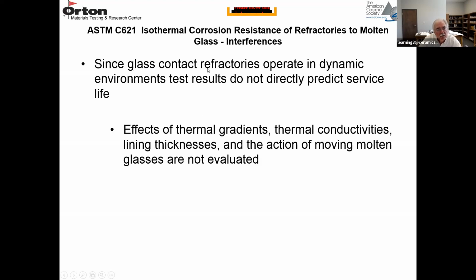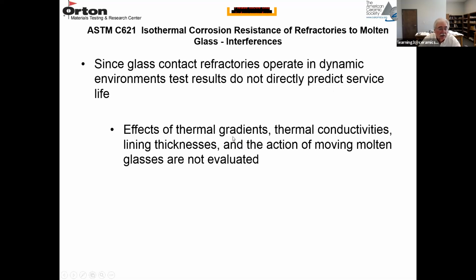So glass tank refractories, while they operate in a dynamic environment, the glass is moving over the refractory and the glass composition is constantly renewed. So this static test may not directly predict what happens in the actual service or predict the service life. In the actual service, you have thermal gradients.